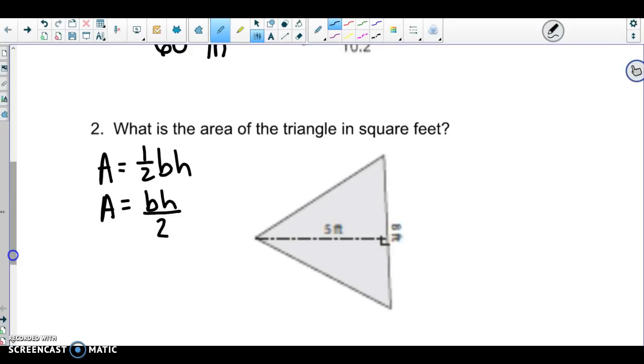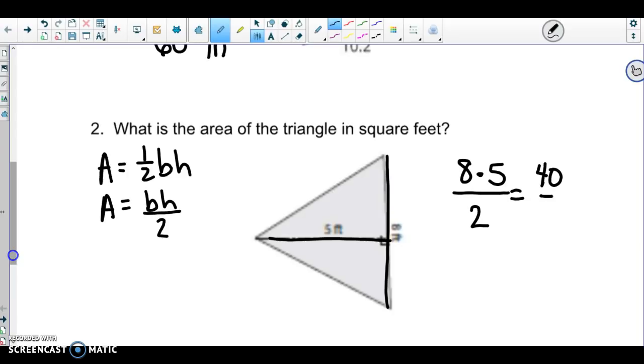So for my base and my height, I've got to look for those values that are perpendicular. So I've got 8 and 5, and then I'll have to divide that by 2. Well, 8 times 5 is 40. Divided by 2 is going to give me 20, and it's feet squared because it was in square feet.